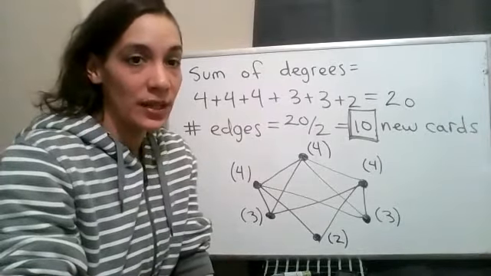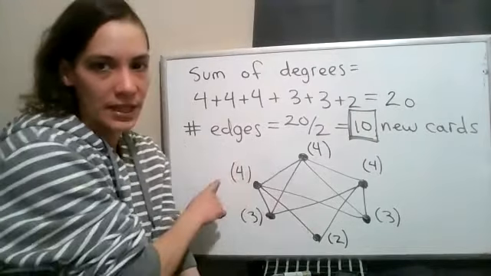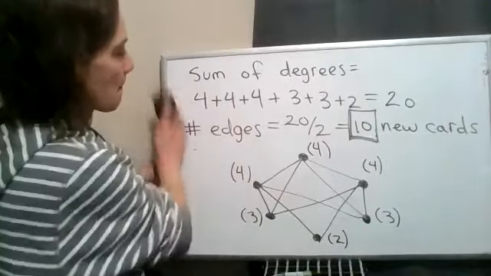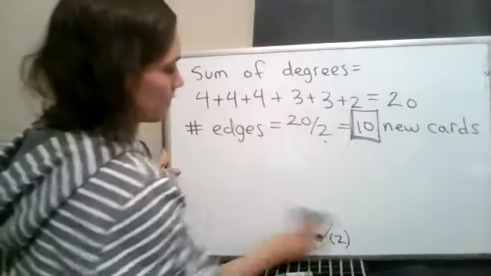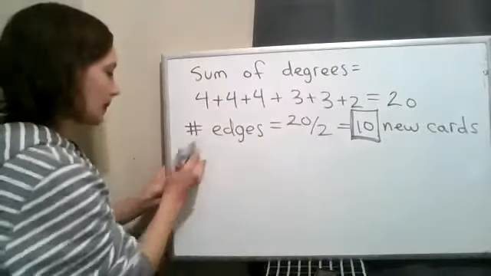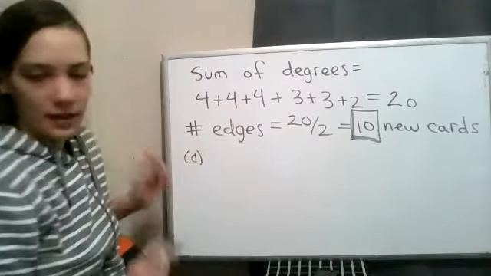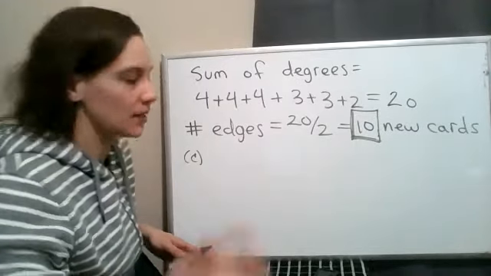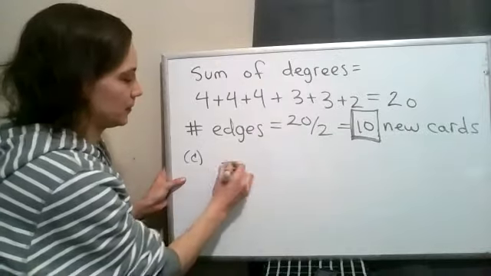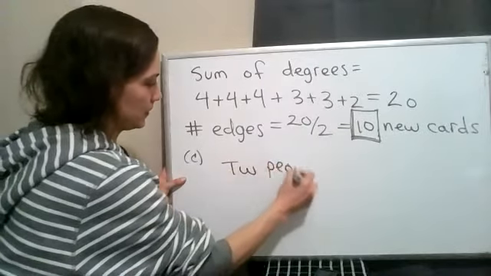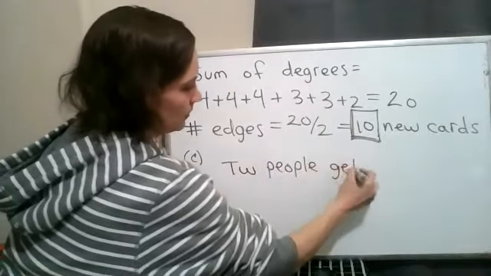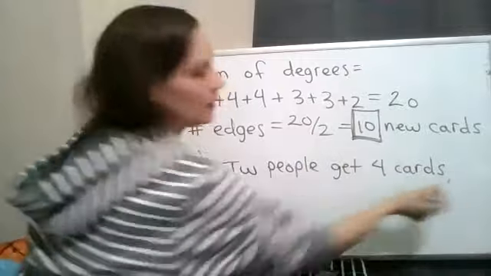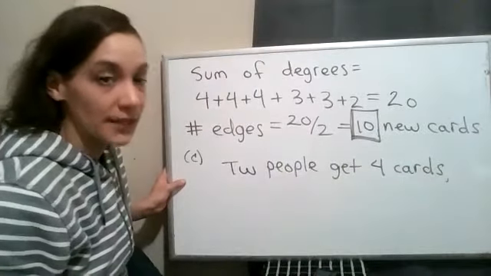It's kind of easy, and then when we come back next time, we're going to keep working on problems like this. So this part is part C. We have 2 people each get 4 business cards. And 4 people get 2 cards.